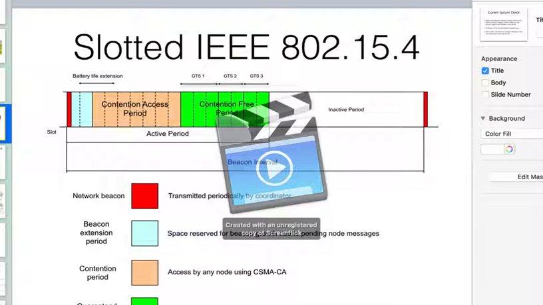In this part, I briefly review the MAC protocol of the slotted mode of IEEE 802.15.4 standards. First, let's look at the time structure of a slotted IEEE 802.15.4.